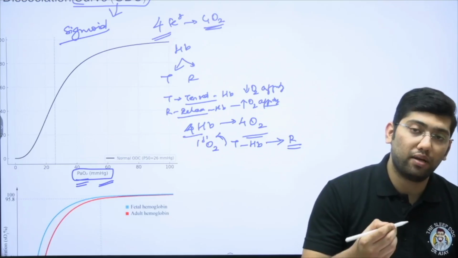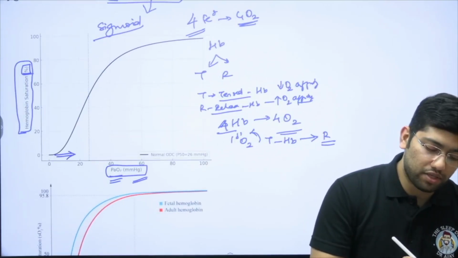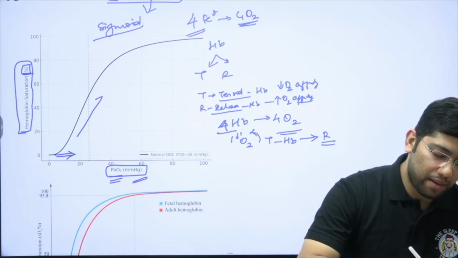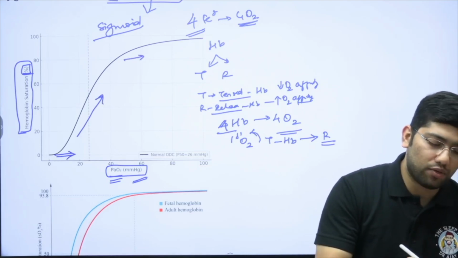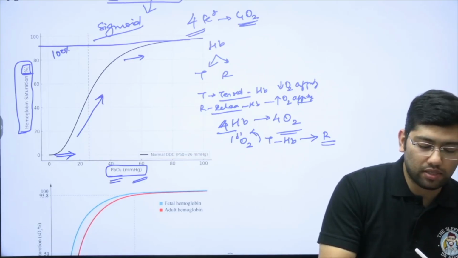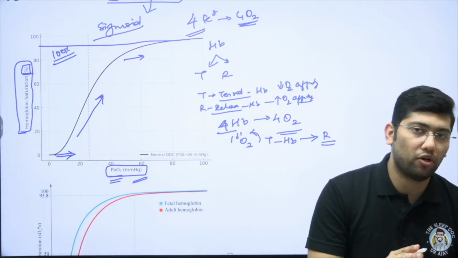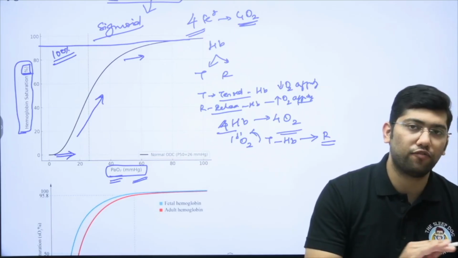Now it can accommodate more oxygen. So that is why first we see a period of inertia, then a rapid upslope, then a plateau, and this is where we call it 100% saturation. That is, the hemoglobin has attached to 4 molecules of oxygen, that is, it is fully saturated.